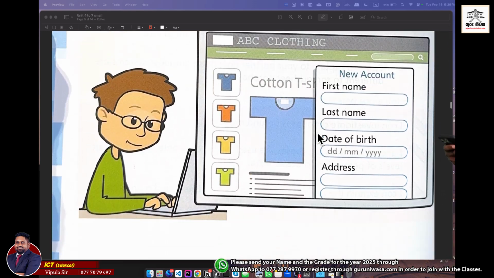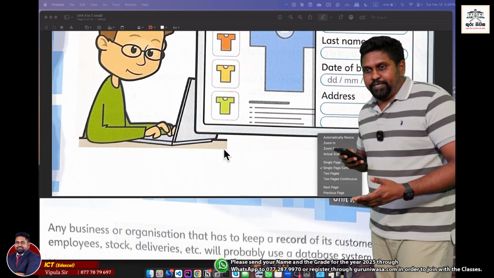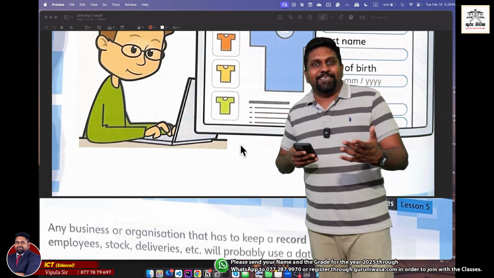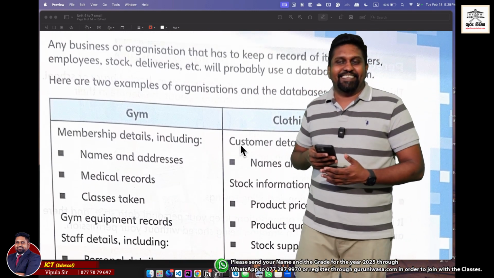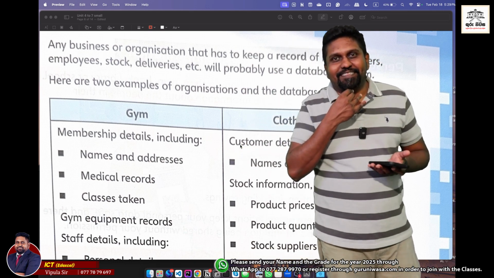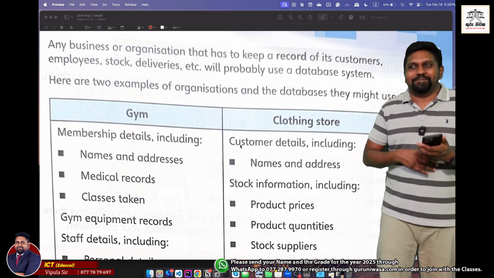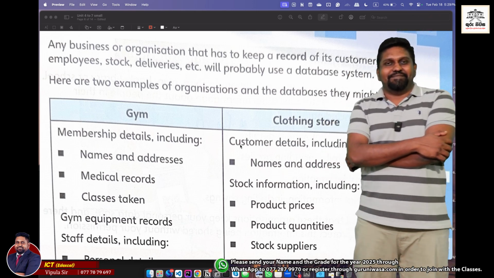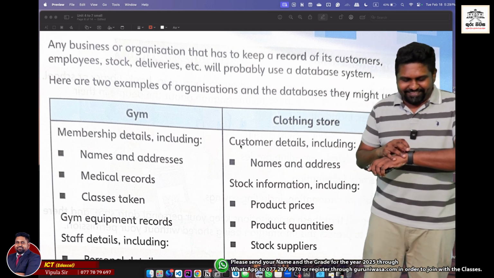Okay, now let me ask you a question. You said that you go to Kagis, no? What databases are there at Kagis? What type of databases might Kagis have? Yes, go on.